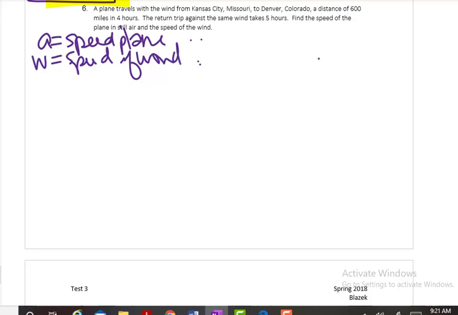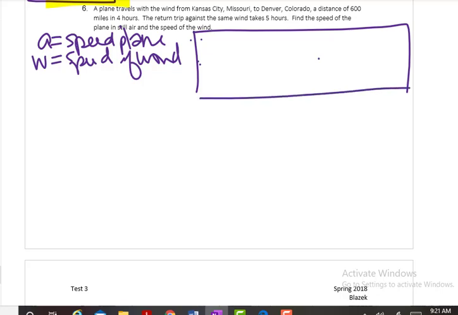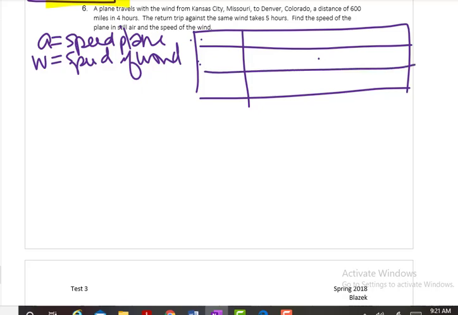All right, now I'm going to use a little chart here because we've done lots of charts for distance equals rate times time. So we have the rate times time equals distance, okay? So we're going to go with the wind, and we have it against the wind.